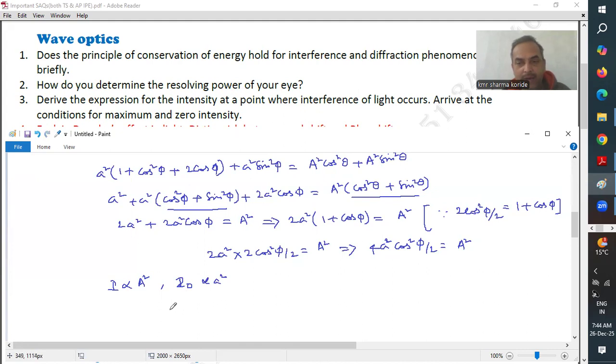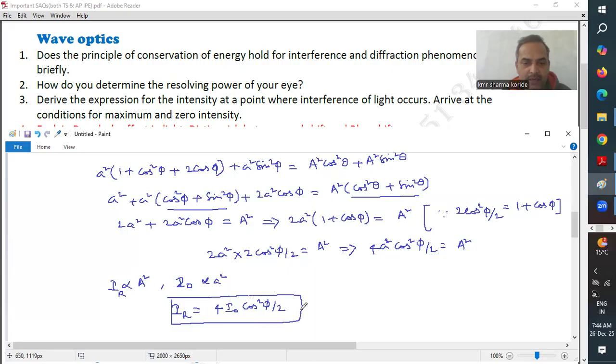Now let us incorporate that: I resultant equals 4 I naught cos squared phi by 2. So this is the desired equation.